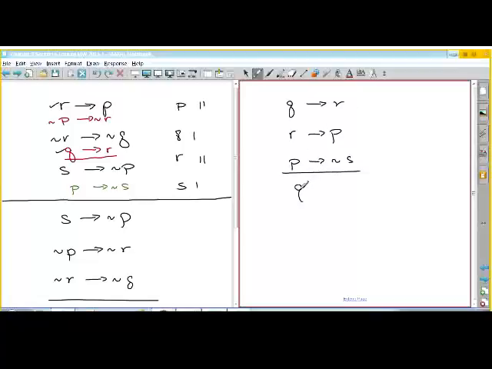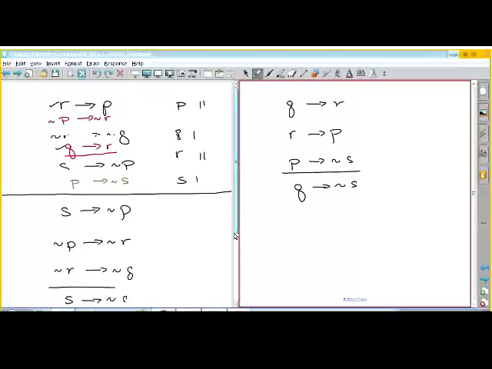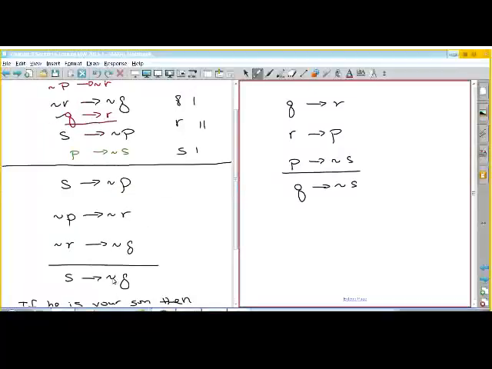And in that case, these cancel out, those cancel out, and my conclusion would be if Q, then not S, which is the contrapositive of what I got going the other direction. So you can see I could rewrite this as what I got in the first case. So it doesn't give me a different answer. It gives me the contrapositive of the answer.